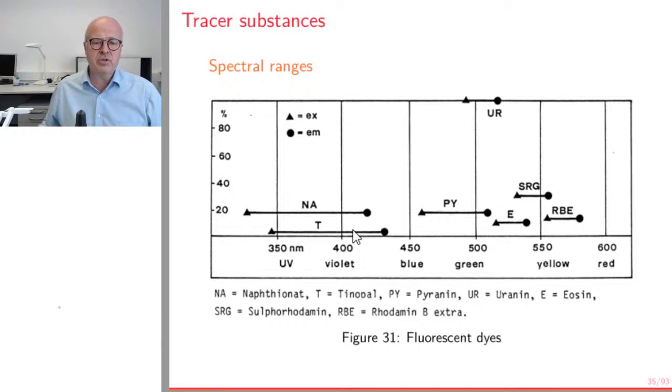The others have efficiencies of 20 to 30, Tinopal just 5%, which means that you need 5 times more naphthionate to get the same fluorescence brightness, if you want, compared to uranine. This is again what makes uranine one of the most interesting tracers for artificial tracer applications.